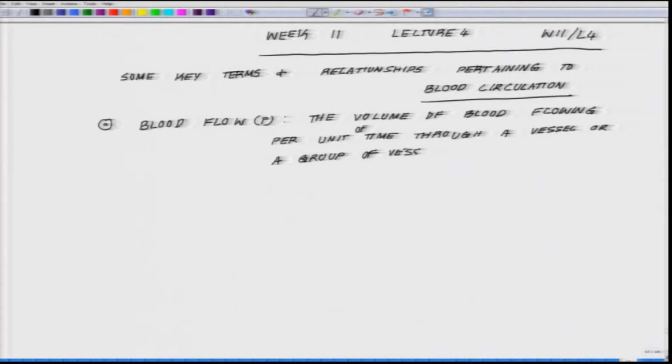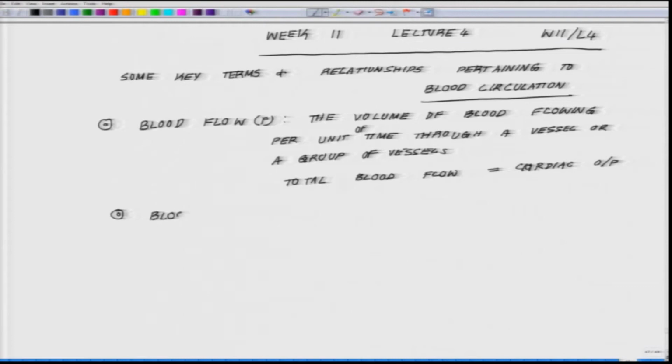Mark this word, or a group of vessels, may refer to circulation through a capillary, tissue or organ or entire vascular architecture. Total blood flow is equal to cardiac output. This is the first definition what you needed to know.